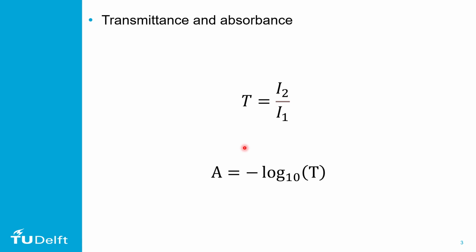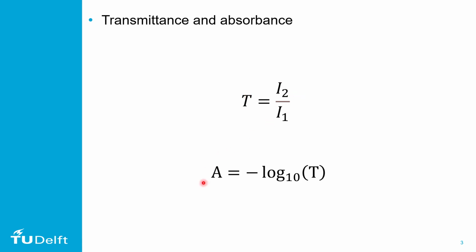So let's now introduce two more terms. Transmittance is nothing but what we saw in the earlier slide. So you had an intensity of light coming out and an intensity of light incident on it. You can always think about this as the light that made it out of the solution.